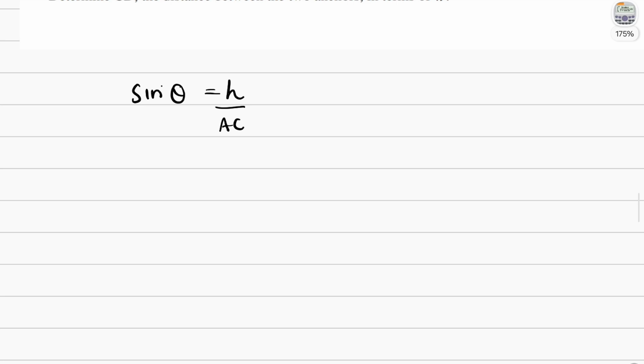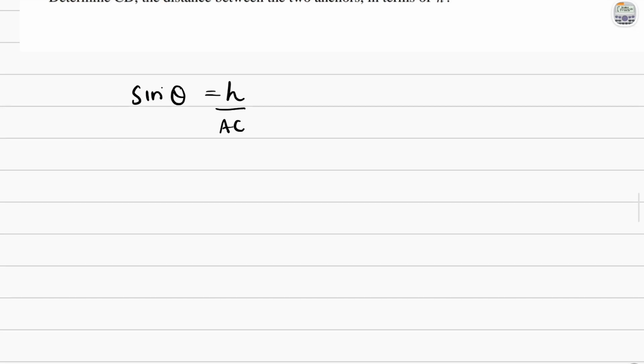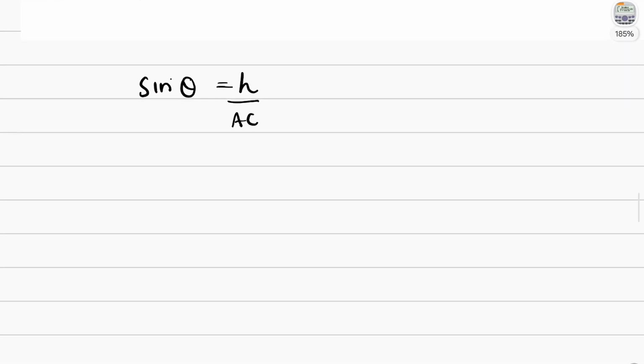At this point, we can just make AC the subject of this equation. You can choose to just cross multiply them, or you can just transpose. If you transpose AC, which was in the denominator, it will be in the numerator. Sine theta is actually in the numerator because its denominator is 1, so if you transpose it, it will go to the denominator.